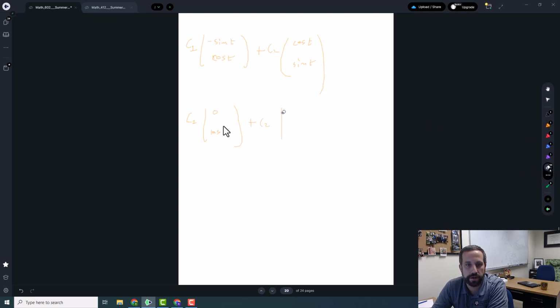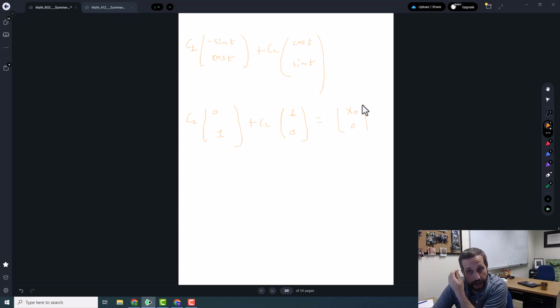If I plug in t equal to 0, cosine of t is just 1 and sine of t is 0. So this is c1 times 0, 1, plus c2 times 1, 0, and I know that this is equal to some x naught, 0.